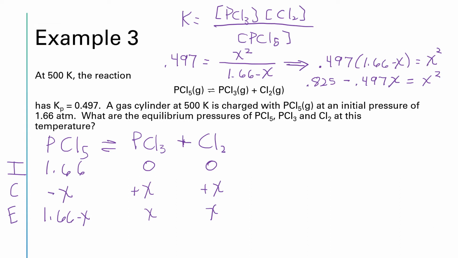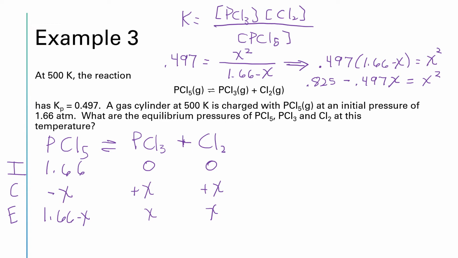Now, this is an example of a quadratic equation. We have an x squared term, an x term, and a constant. In order to solve this using the quadratic formula, we need it in the form of ax squared plus bx plus c is equal to 0.